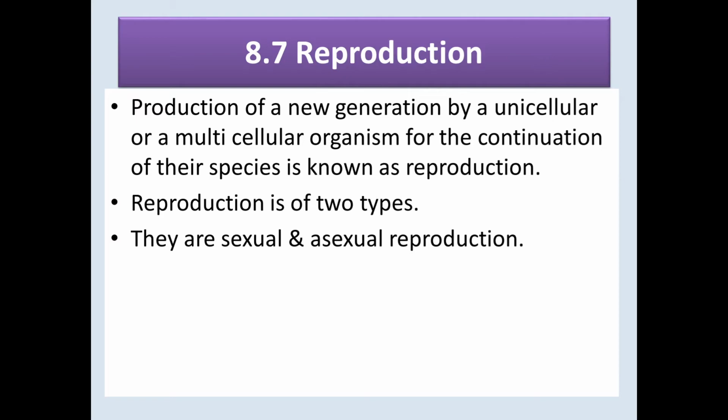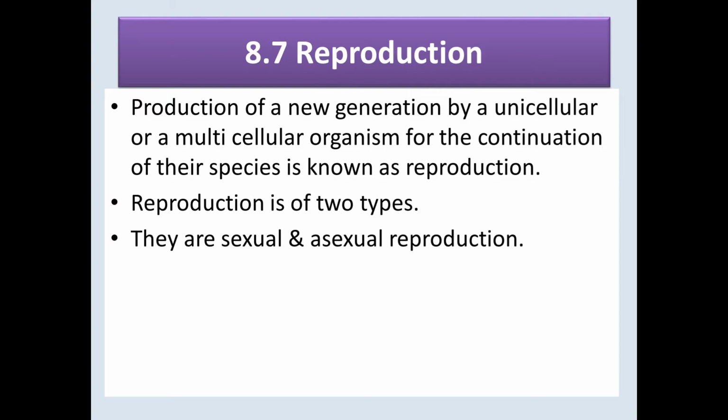Reproduction is of two types, sexual reproduction and asexual reproduction. In sexual reproduction, two gametes, the male gamete and female gamete, fuse and make a new organism.